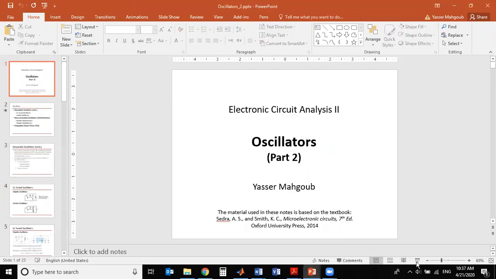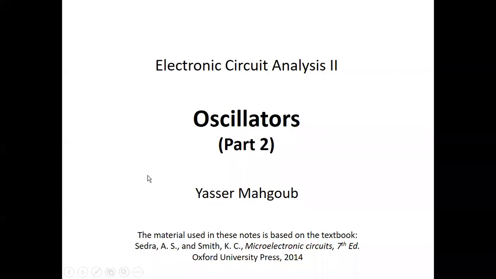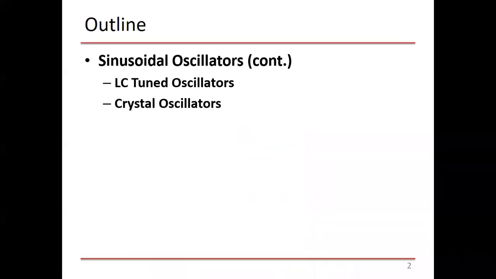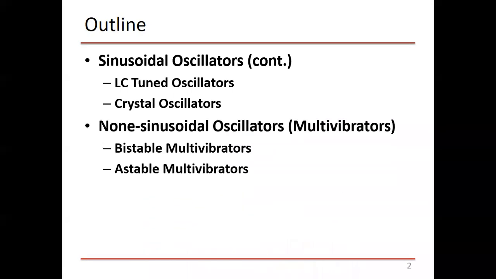So today's lecture outline is as follows. We'll continue the sinusoidal oscillators, study the LC tuned oscillators, then crystal oscillators. Then we move to the non-sinusoidal oscillators, what we call the multivibrators or relaxation oscillators. We will study the bistable multivibrators and the astable multivibrators.